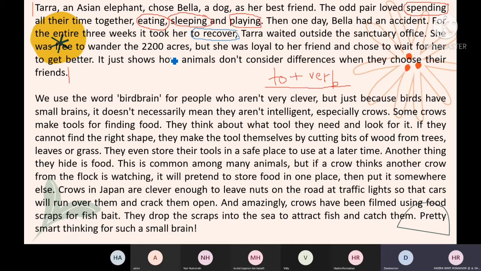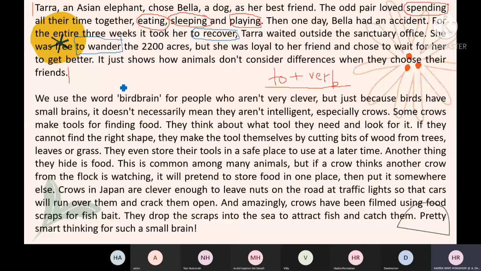To wonder. Yes, what is the meaning of wonder here, Lukman? To wonder, what is wonder? W-A-N-D-E-R. Does anyone know what it means? Humaira, what does wonder mean? Nur Humaira.